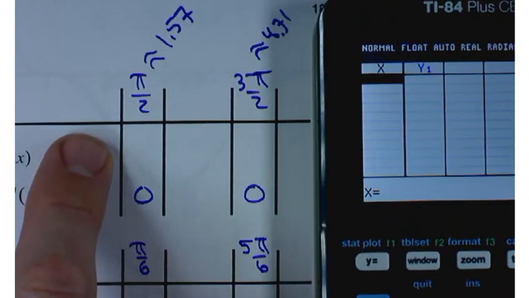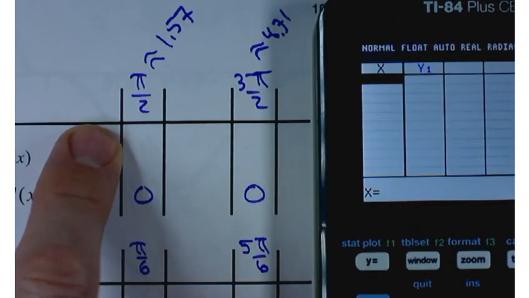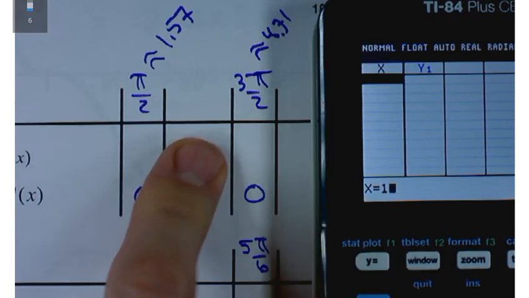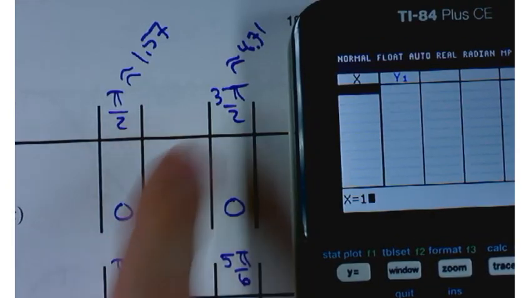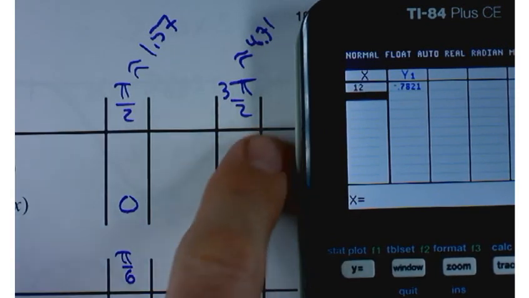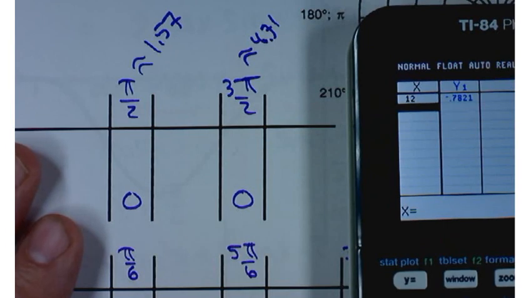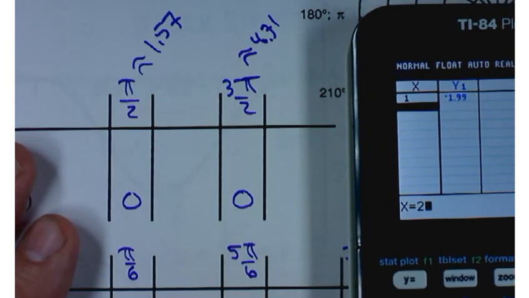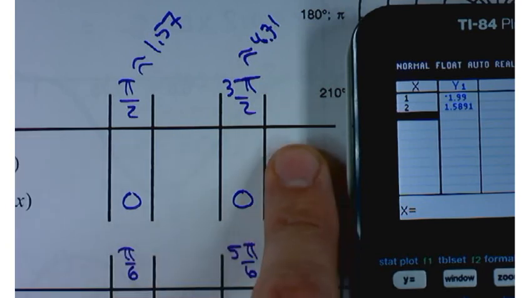What would be a point to the left of pi over 2? 1. And between these two? 2, sure. And then to the right of 3 pi over 2, I need one more. 5.